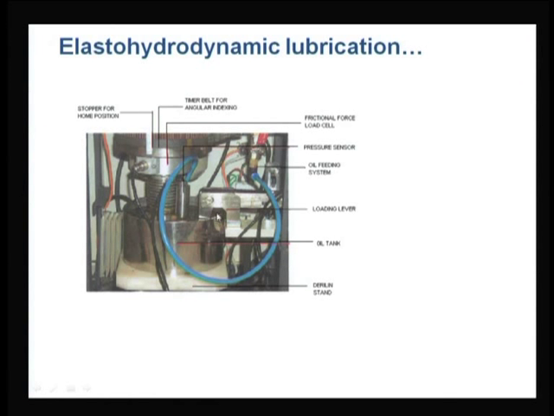There is some load arrangement, a load lever: we can apply a load from one end and it will be pushed with a leverage mechanism on the other end. We can regulate the speed. We have applied a pressure sensor to measure the pressure at the interface, so that we can find out whether there will be elastic deformation or not.